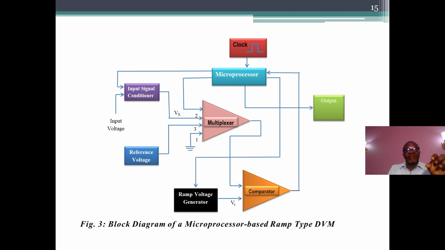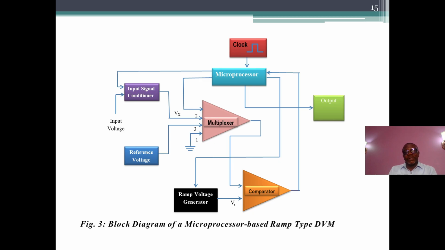So we call that the signal conditioner. It has its own circuitry. Then you have the reference voltage, like in the successive approximation method, where we saw the reference voltage. So these two signals, coming from the signal conditioner and the reference voltage, are fed into the multiplexer.